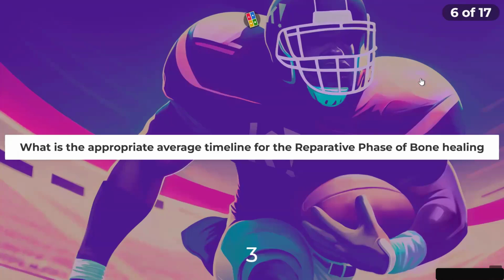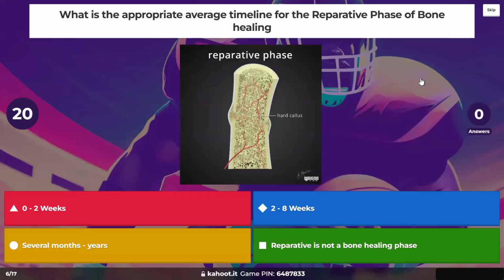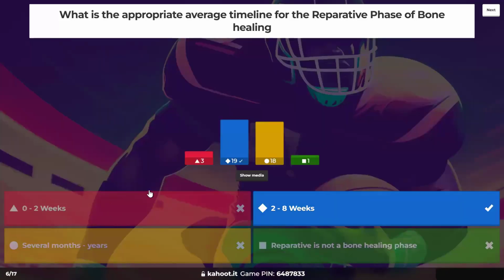All right, what's the appropriate average timeline for the reparative phase? So we said first couple weeks was inflammation.